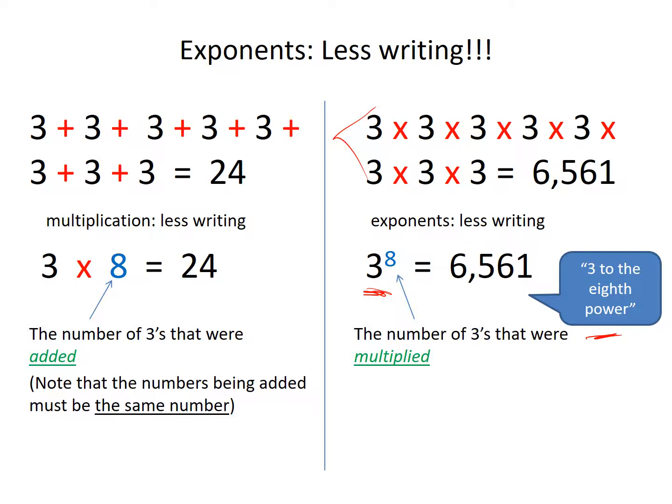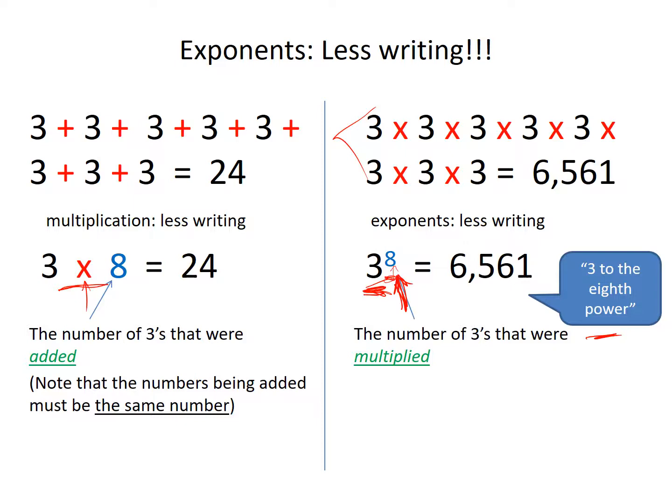And look how similar the two syntaxes are, right? This is 3 to the 8th here, and this is 3 times 8. Two things are different, right? When we write an exponent, we don't use that times symbol. And when we write the 8 for an exponent, it's a small number, and it's risen above the line. It's called a superscript, and it sits up off the line that the 3 is sitting on.